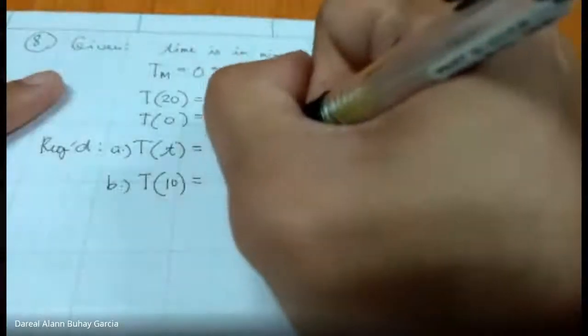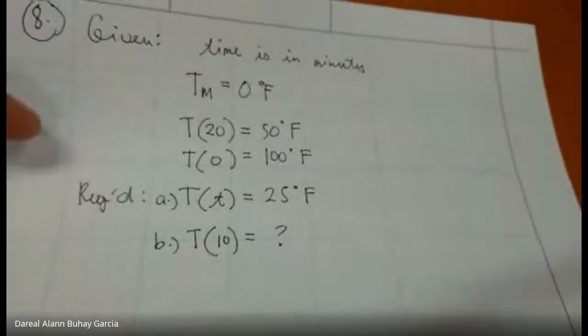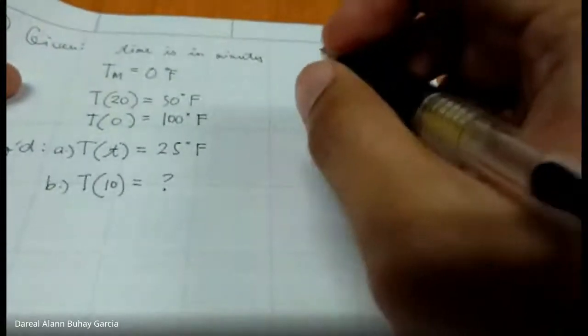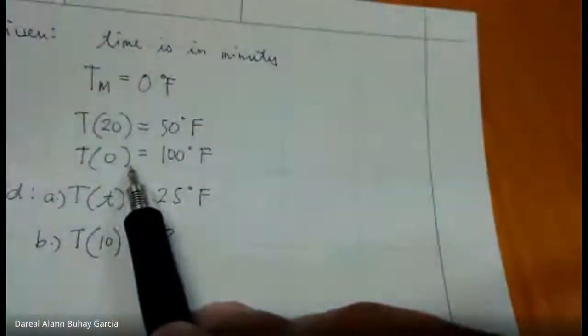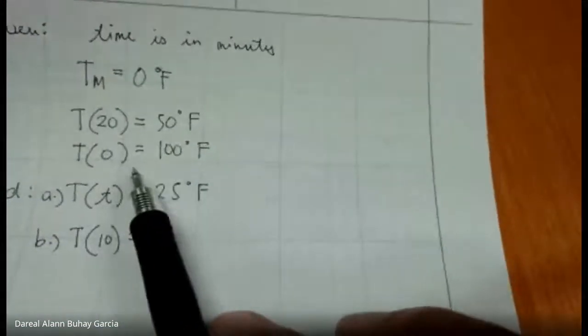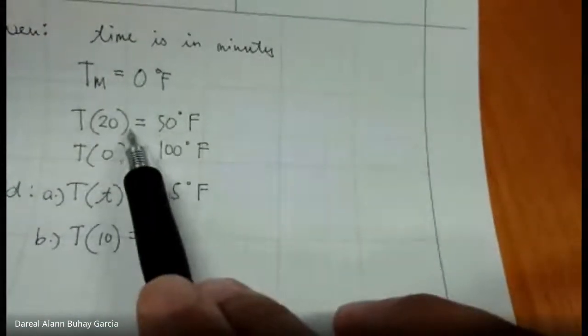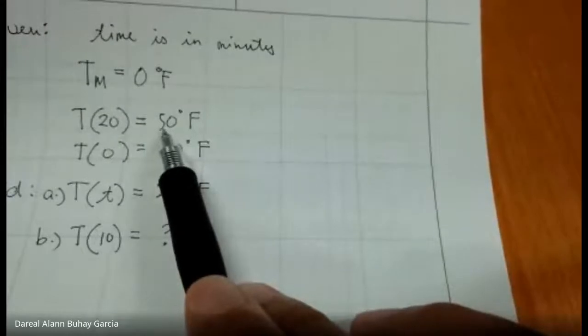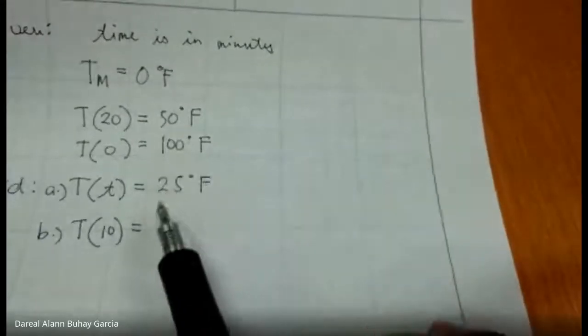So, ito na yung mark, graph. 0 is 100. So, 20 is 50. So, for sure, kaning 25 is between 0 and 20. No. After 20 pa siguro na eh. No? Kaning 10 in between.